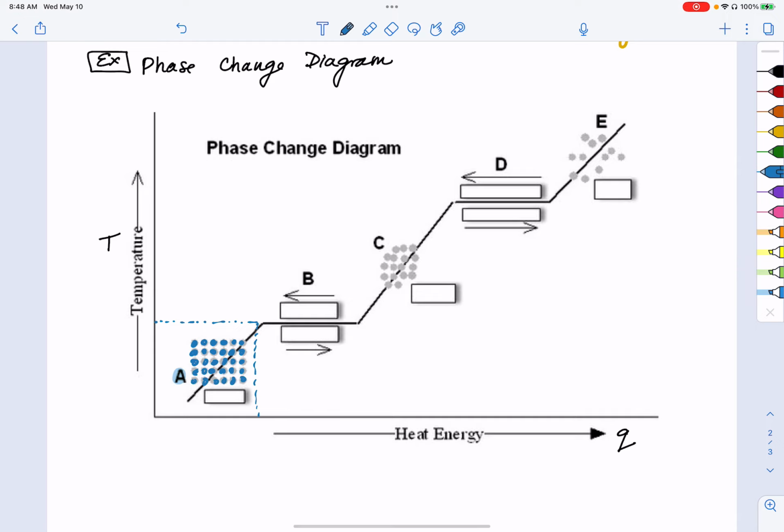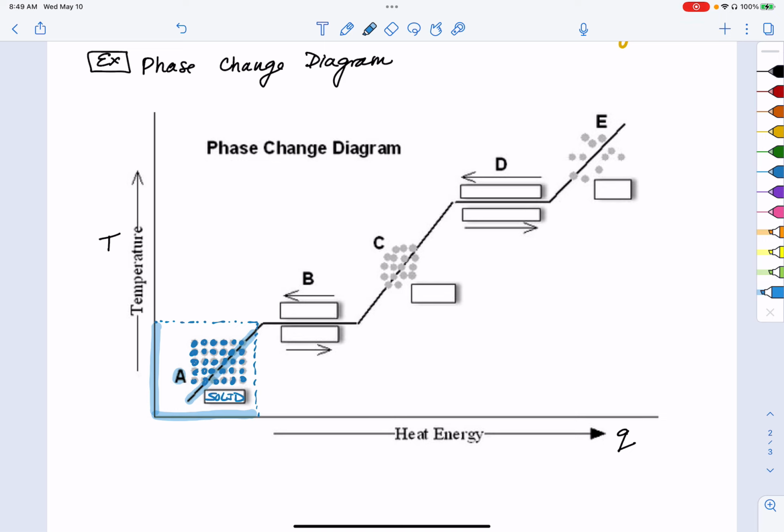So that's what this little array of particles is here. This is showing the solid phase of matter, meaning that at any range of temperatures and heats found within our system that are found along this curve right here, we're going to be found in the solid phase.